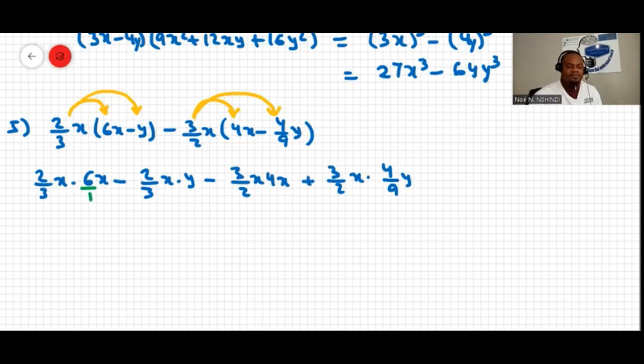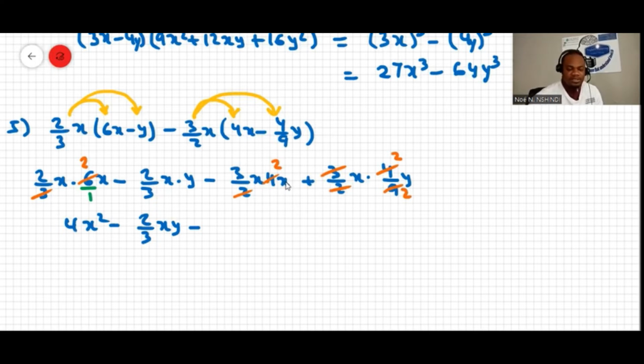Okay, so now we can simplify. 3 gets into 6 twice, so 2 is there. And then what else can I simplify? Here's a product also. 2 gets into 2 twice, and then 2 gets into 2 also twice there. And then 3 gets into 9 twice. So this will be 2x times 2x. That makes 4x squared, minus 2 over 3xy, minus now we have 3x times 2x.